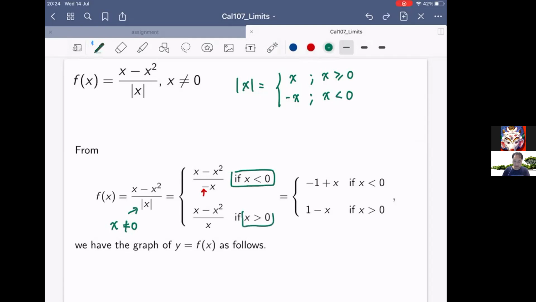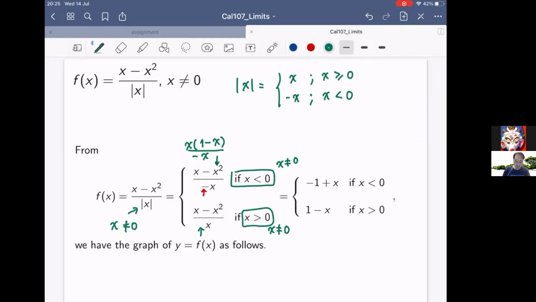then the absolute value is a positive x, it just equals itself there. Because right here your x is not 0, your x is any number that is not 0, so it means that your x actually can cancel, because you have a common factor x on top. So actually this one is x times (1 minus x) on top, over the negative x at the bottom.